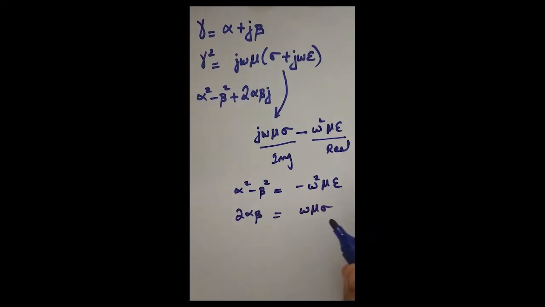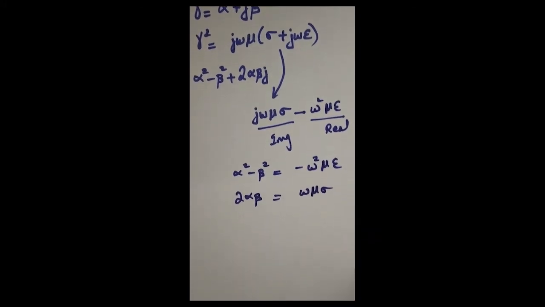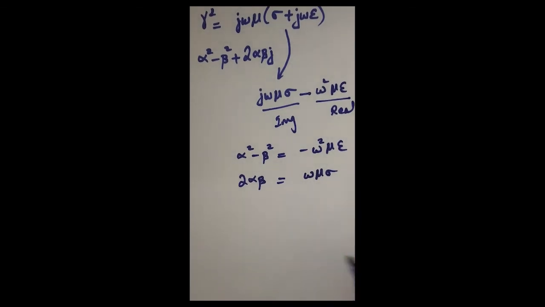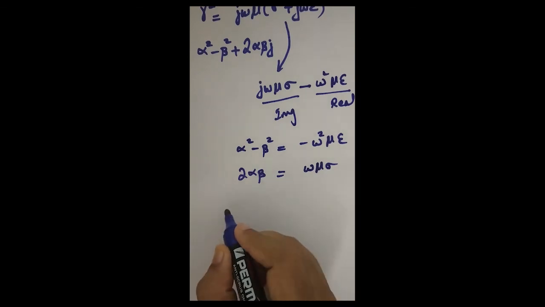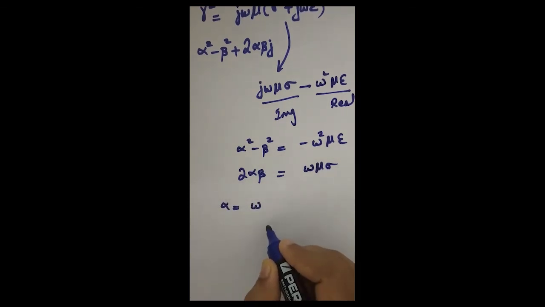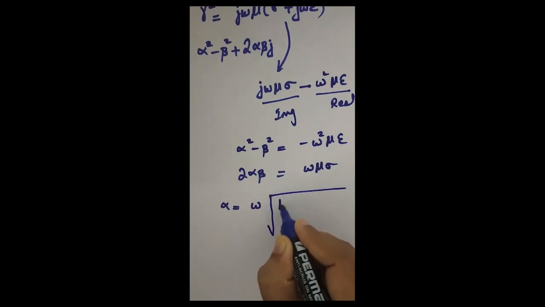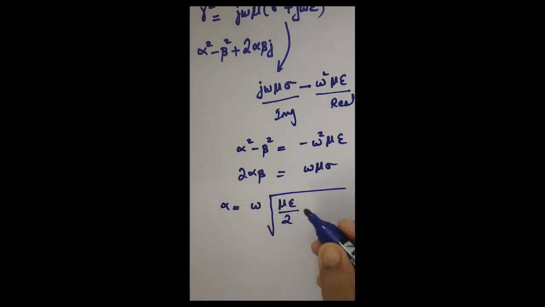On solving these two, no need to write the whole solution, but the result you should learn. Alpha is equal to omega square root of mu epsilon by 2 into square root of 1 plus sigma by omega epsilon the whole square, minus 1.